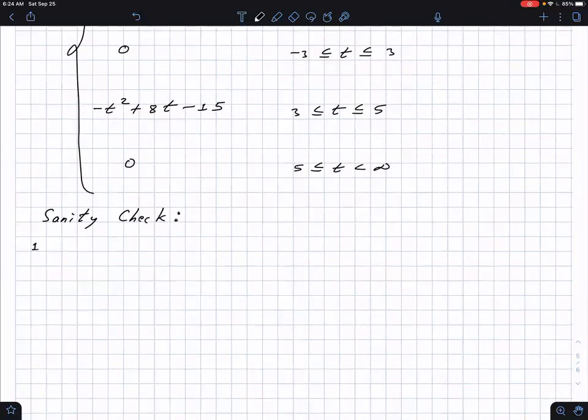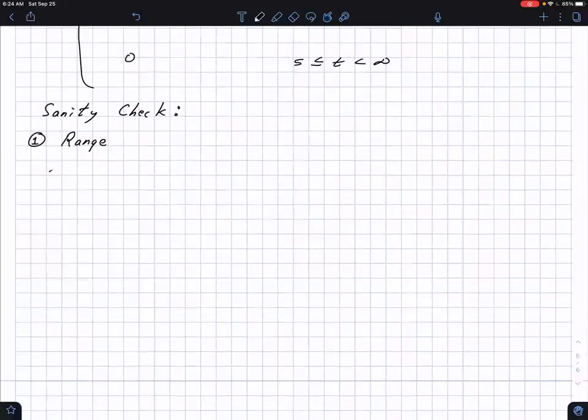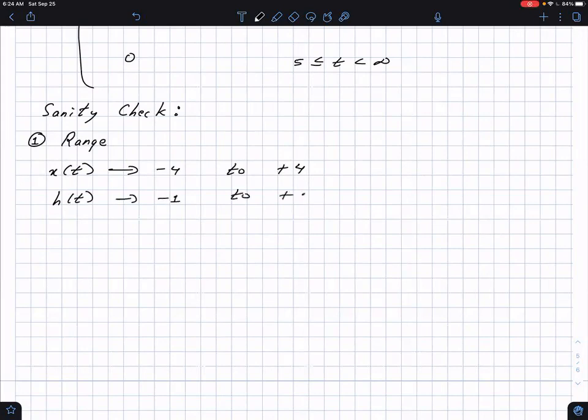The first thing we can check is the range of the various functions. So the range of x of t is from -4 to +4. We're talking about the non-zero range of x of t. And h of t is from -1 to +1.